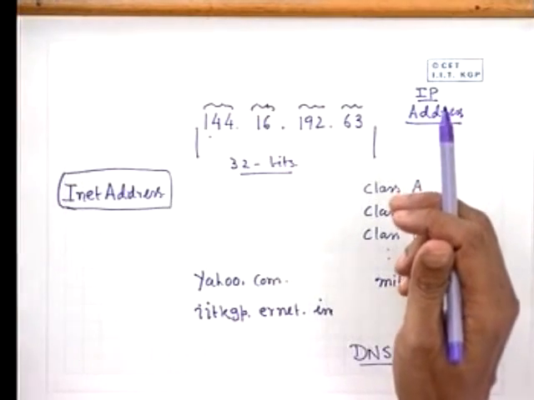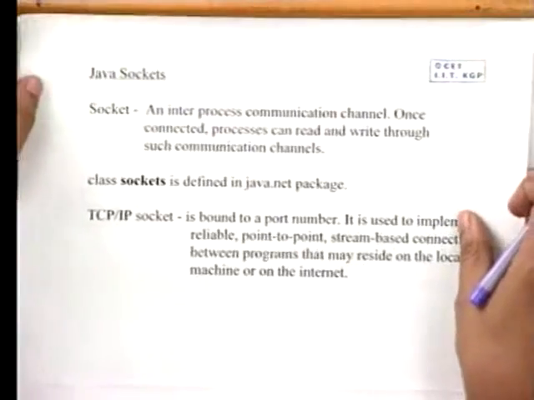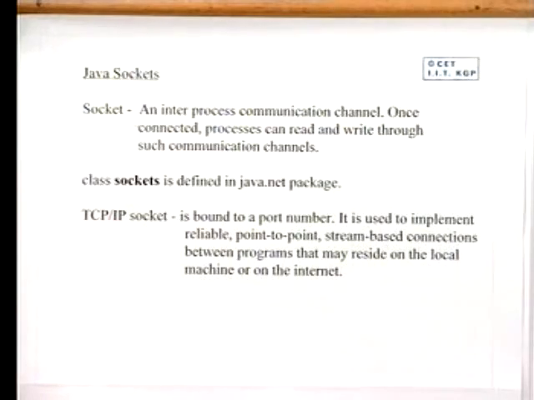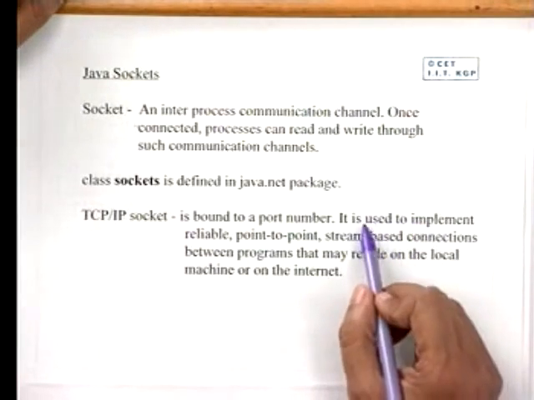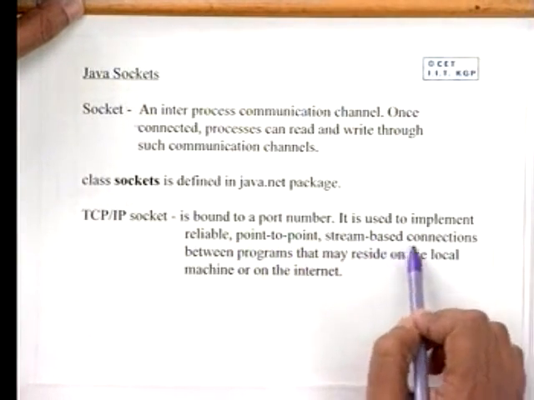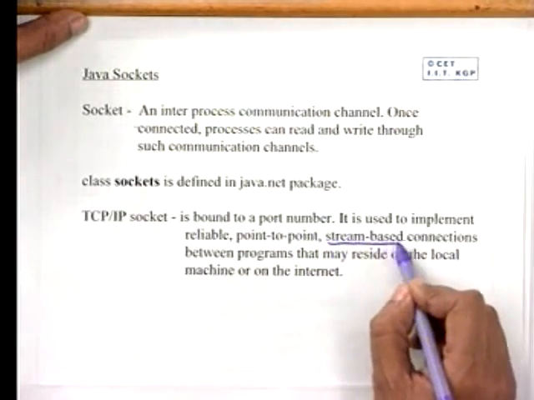So now the next question comes. When we talk about TCP/IP sockets, these types of sockets follow the TCP/IP communication protocol, and are used to implement reliable point-to-point stream-based connections between programs. We will see how the stream-based connections help.